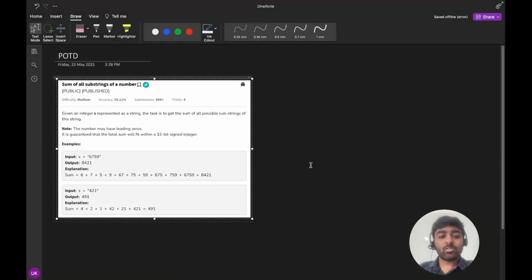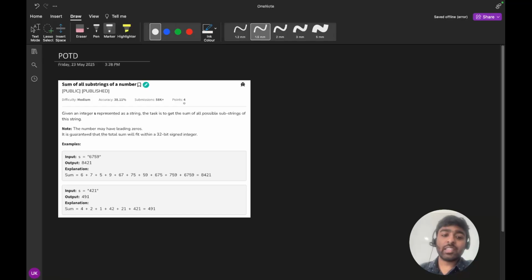The question says: given an integer s represented as a string, the task is to get the sum of all possible substrings of this string. The number may have leading zeros. It is guaranteed that the total sum will fit within a 32-bit signed integer.